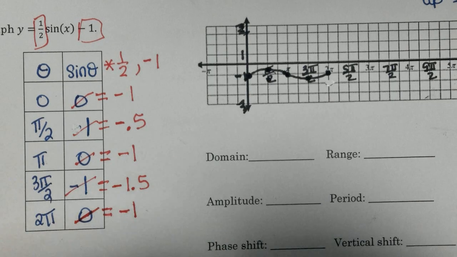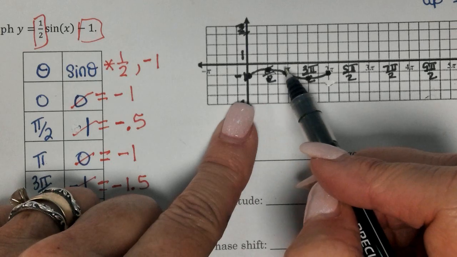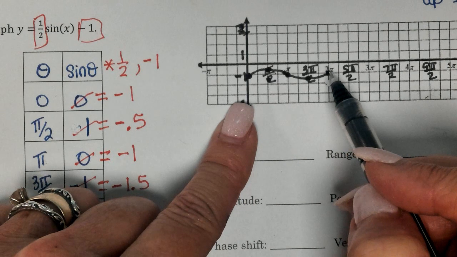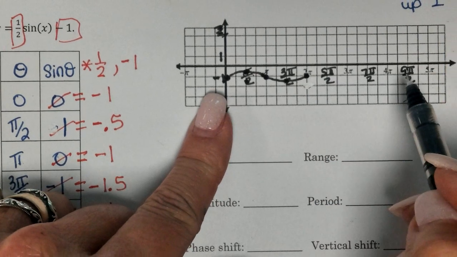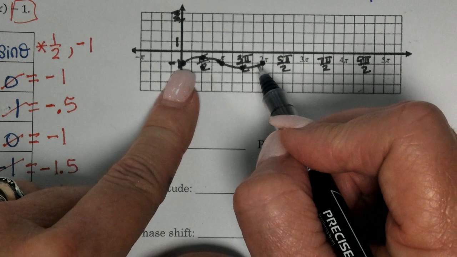All right. Notice your pattern right here. We stopped, but we're going to continue. I want you to continue graphing sine all the way through the rest of this. So, we're at our middle.